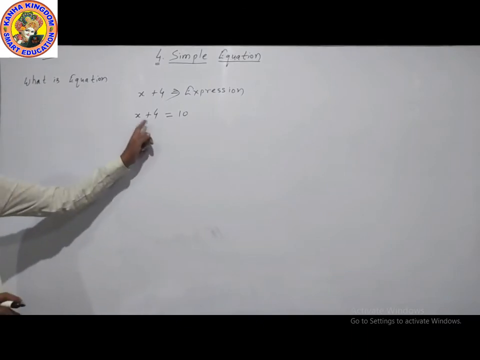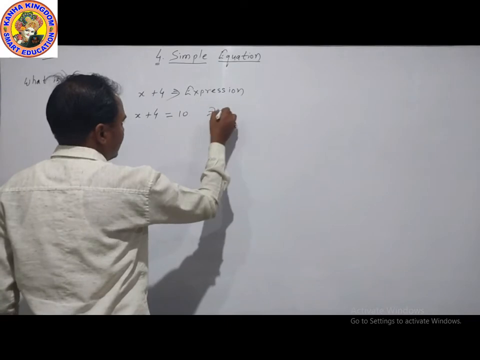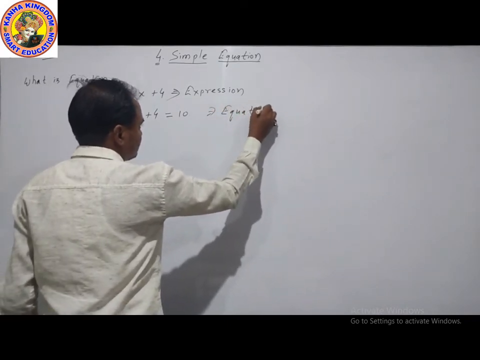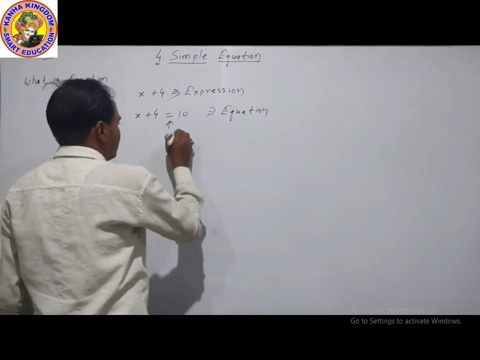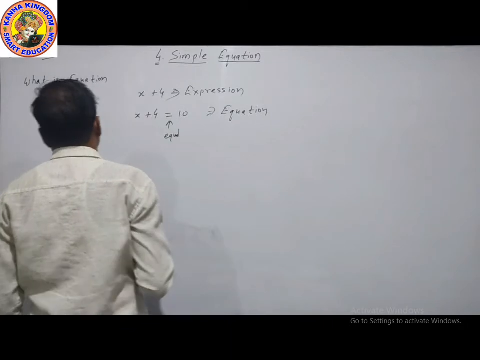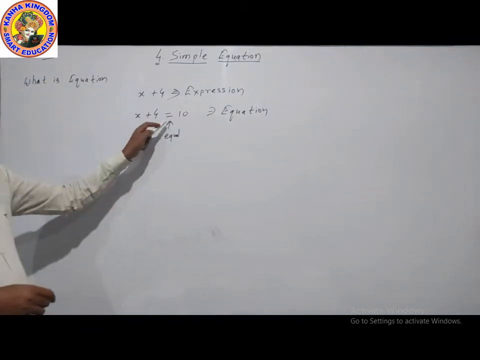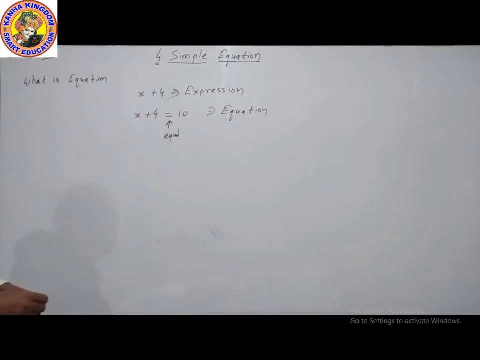If we write down x plus 4 equal to 10, then this is called an equation, using the equal sign. If we cannot use the equal sign, then this is called only an expression.